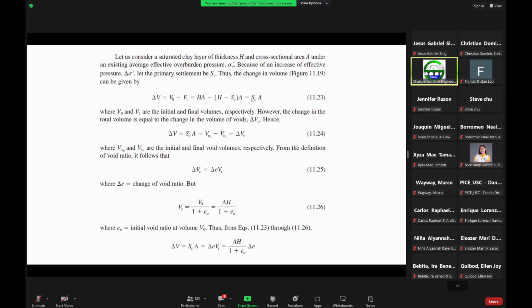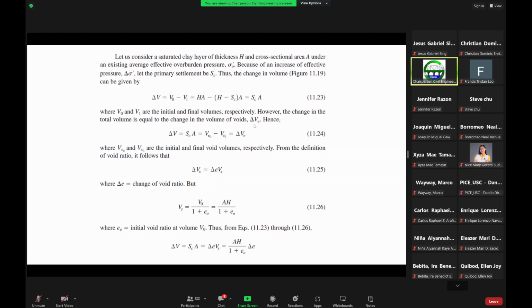Okay. And then if we subtract these two, then we will just get the change in volume, which is just equal to the primary consolidation settlement multiplied by the area. Now, the change in the total volume is just equal to the change in the volume of the voids as well, no?